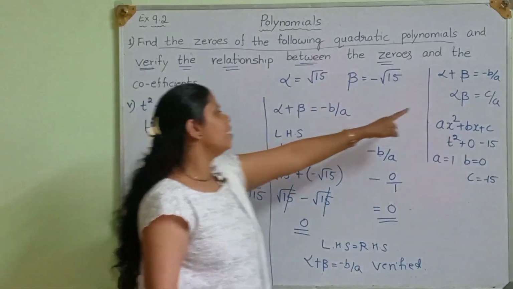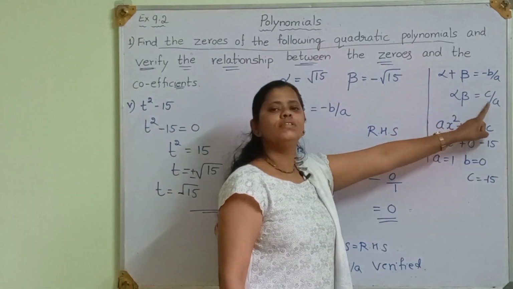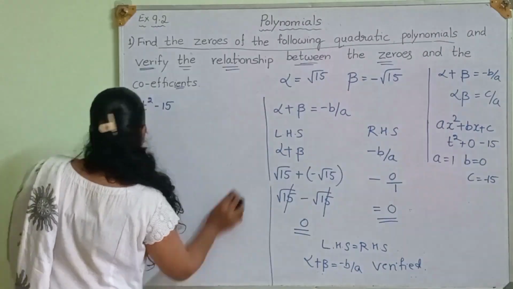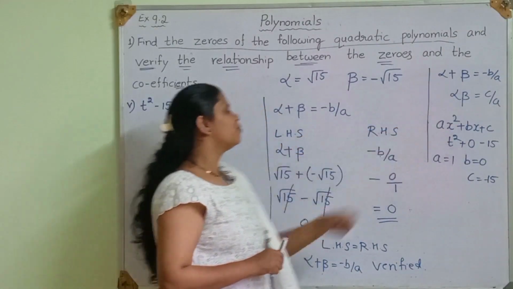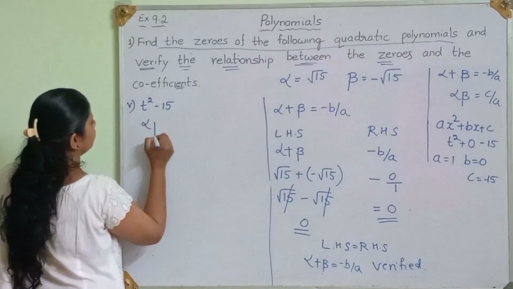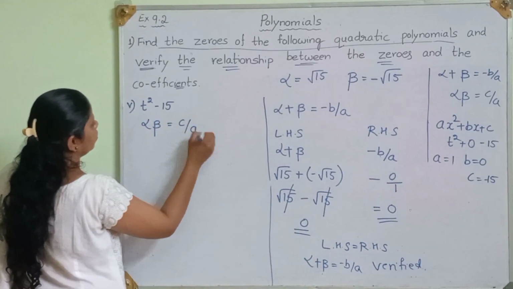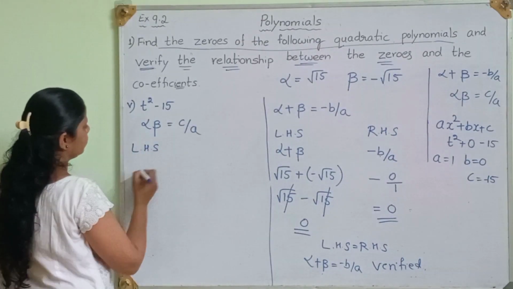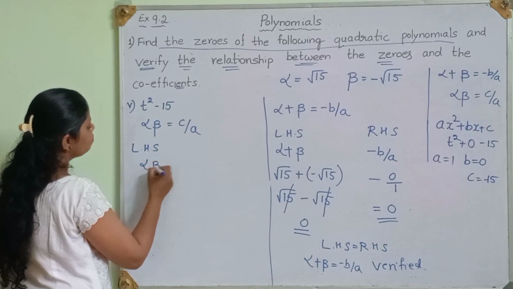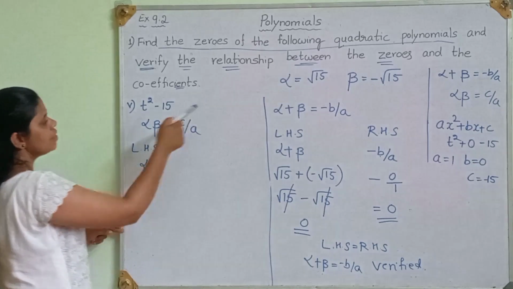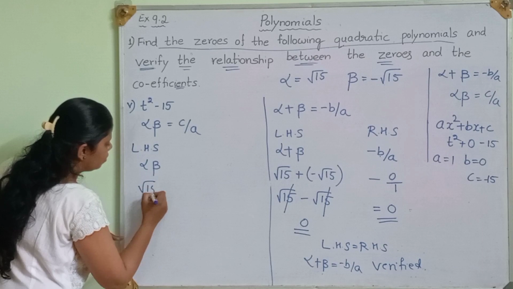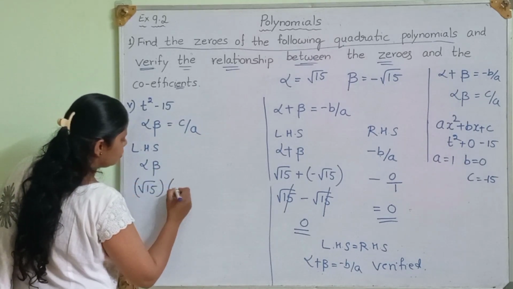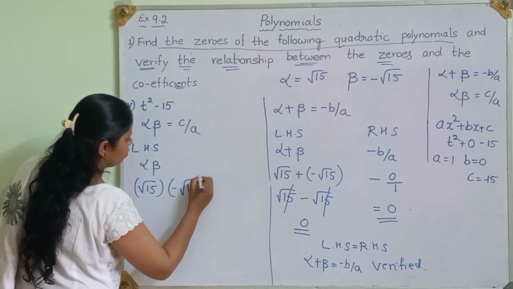Now we have to verify this one. Alpha beta is equal to c by a. Let us verify this. What is the LHS? LHS is alpha into beta. The value of alpha is root 15 into beta is minus root 15.